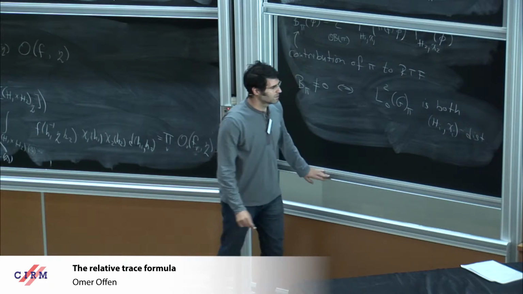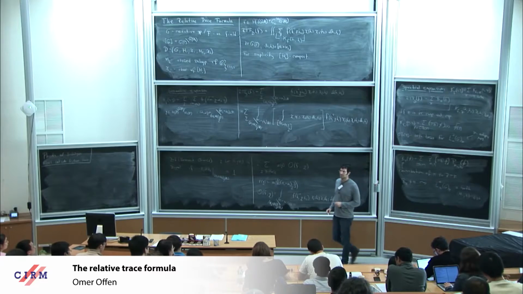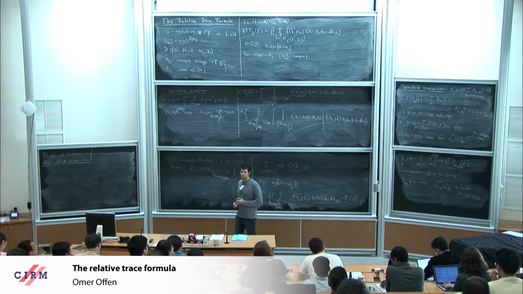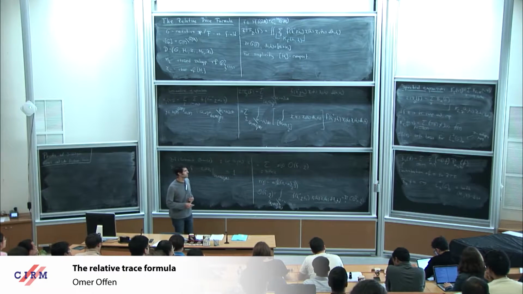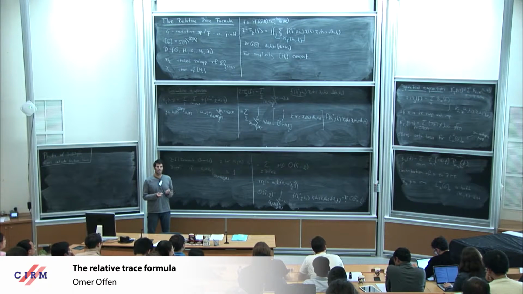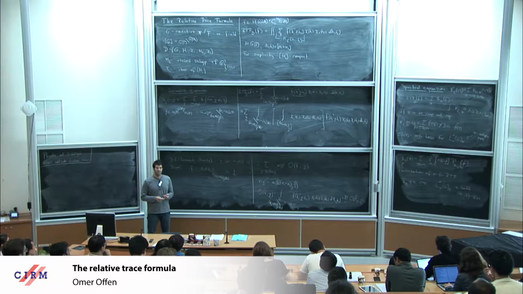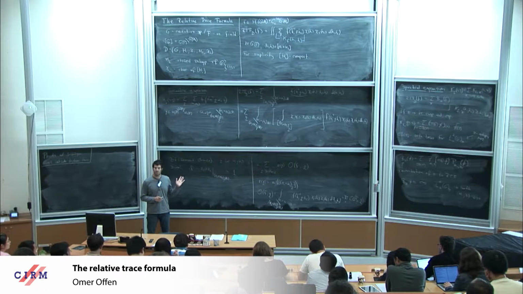In other words, there is a realization of pi which is distinguished by both subgroups. Okay? So this should give you at least the intuition that this distribution, the relative trace formula, picks up those automorphic representations that we are interested in when we study period integrals, the ones that are distinguished.